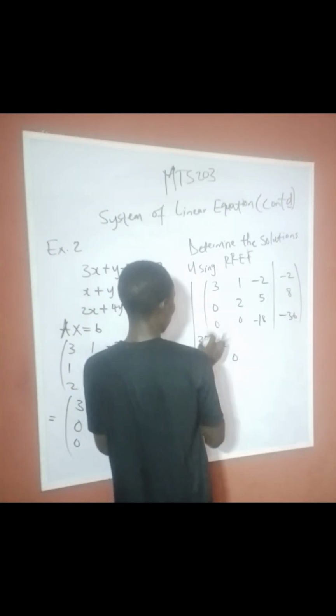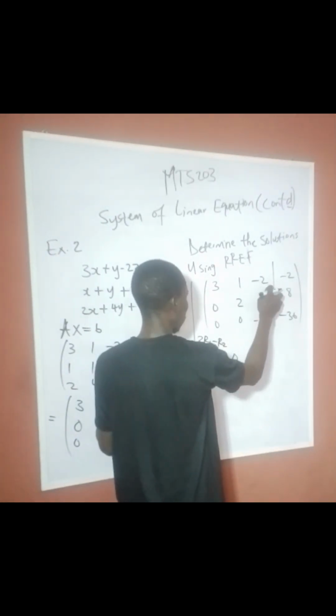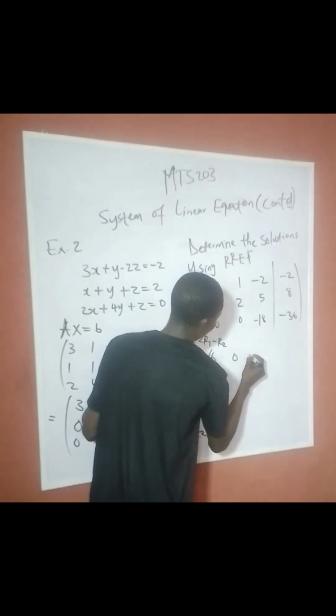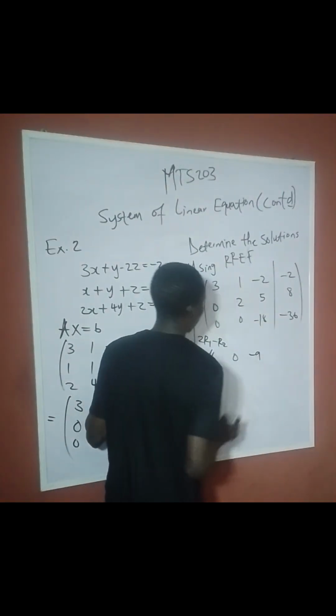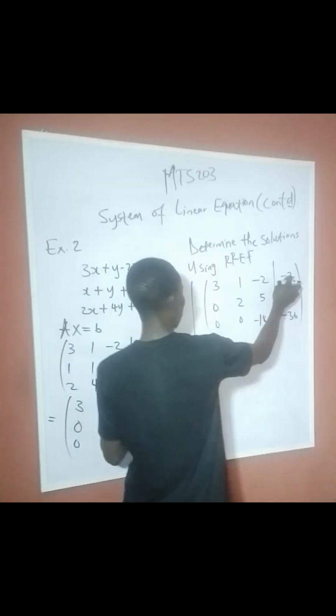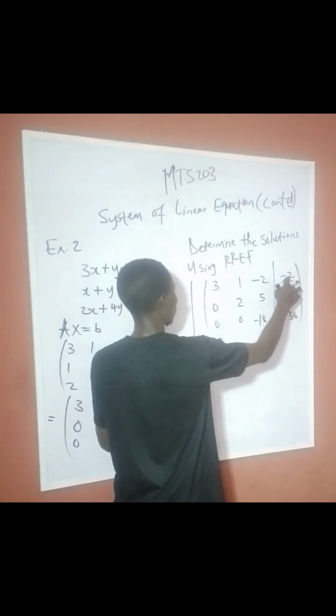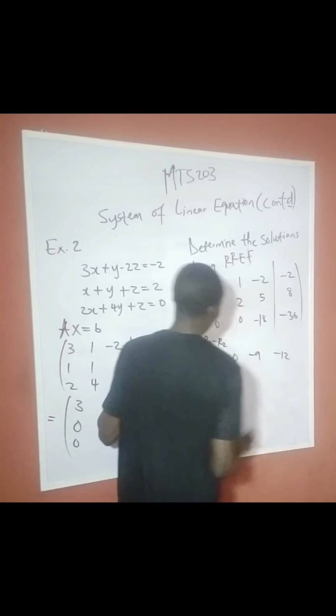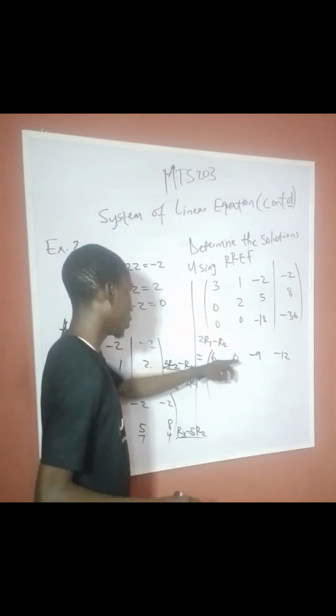You see, 2 times minus 2 is minus 4, minus 4 minus 5 is minus 9. Take note. And then 2 times minus 2 is minus 4, minus 4 minus 8 is minus 12. You see that I did it.